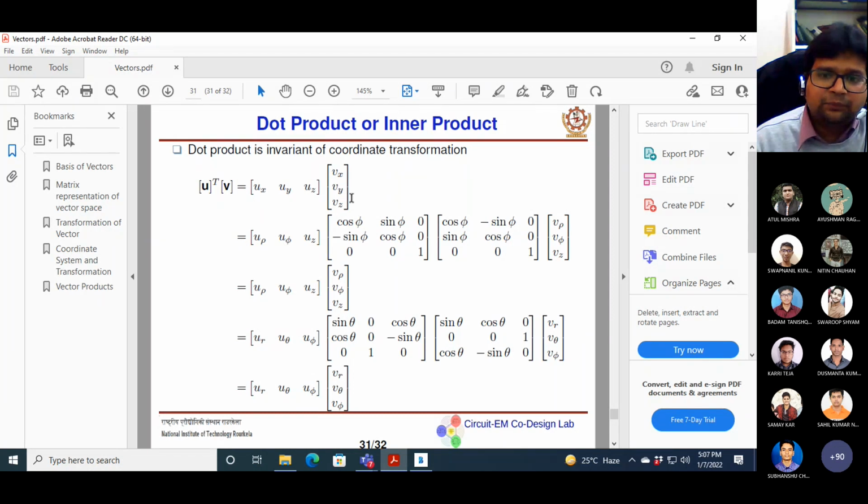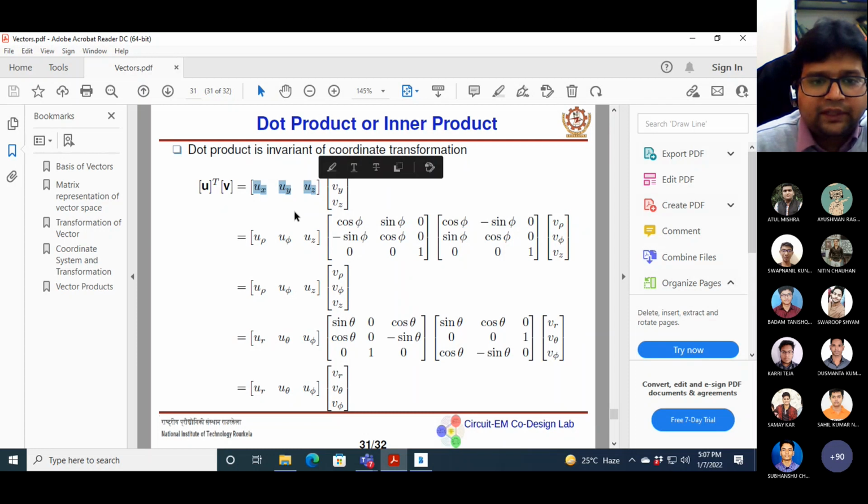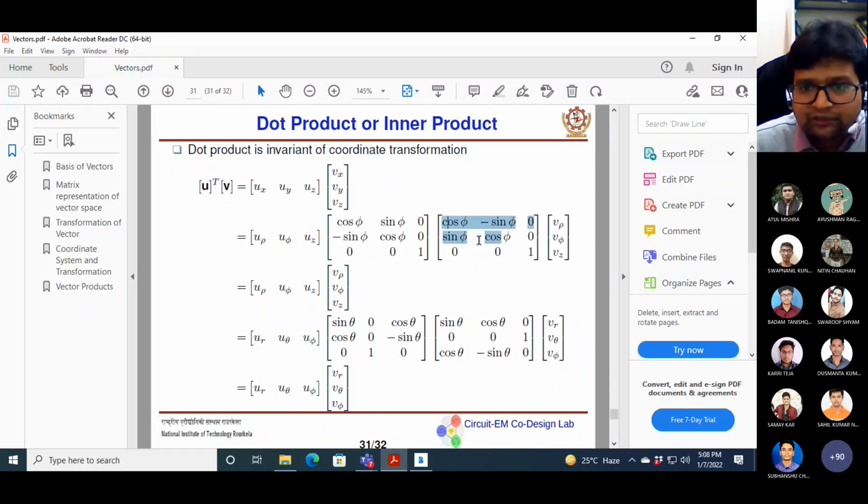It can be easily proven that this is coordinate transform independent. So the u vector in Cartesian coordinates can be represented in cylindrical coordinates in this way, and the v vector can be represented as the rotation matrix phi times the v vector.